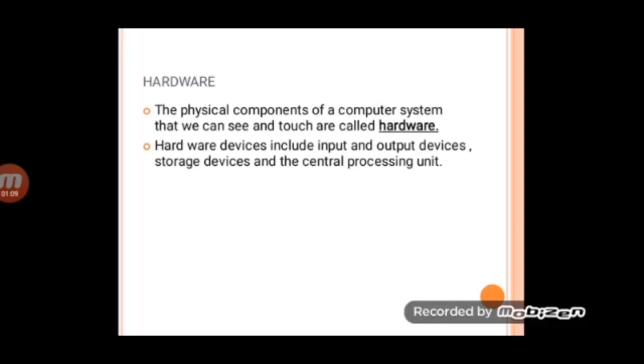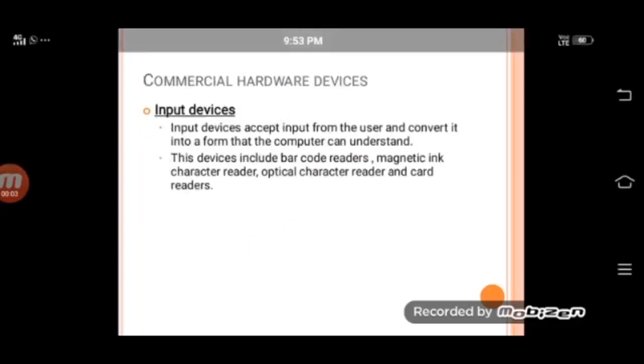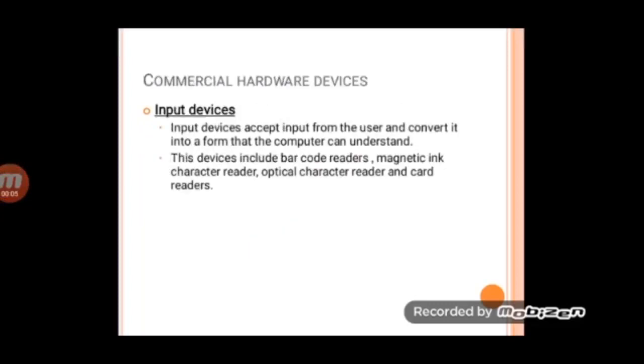Let us now learn about some more input and output devices that are used mainly for commercial purposes. Now start the next topic, commercial hardware devices. In that, first we discuss the input devices.